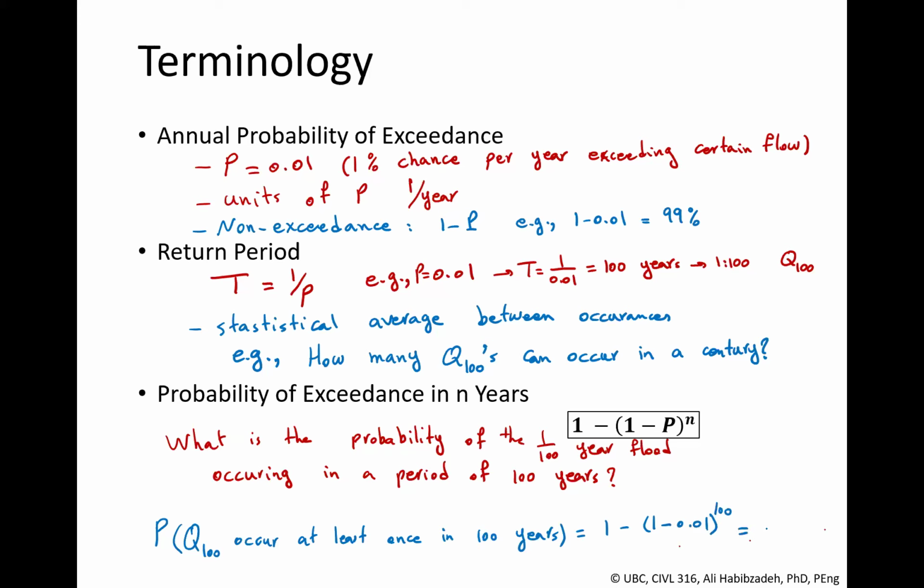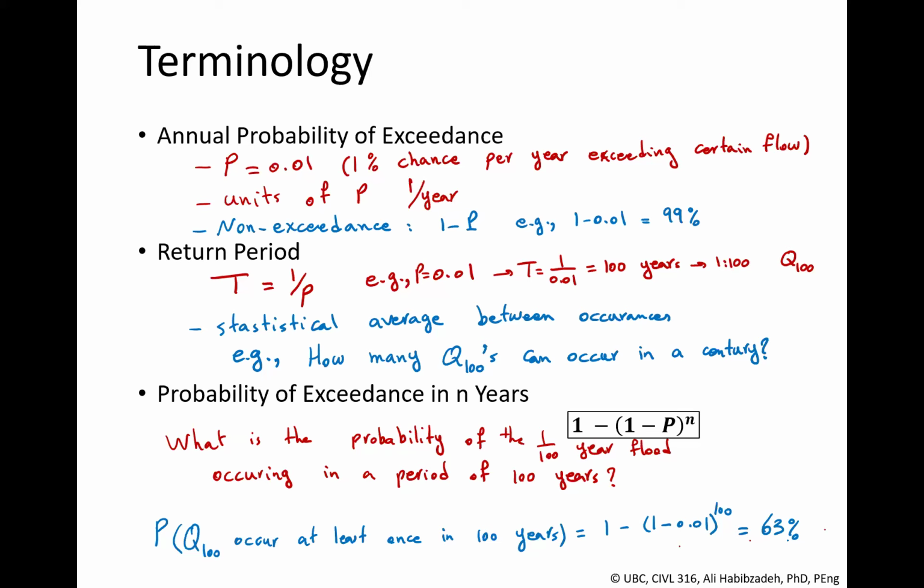And if you do the calculations, it will be 63%. Okay, so what is it saying? It says chances of a Q100 to occur in 100 years is 63%, to occur at least once.